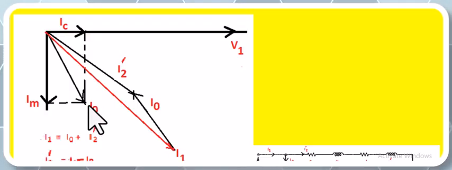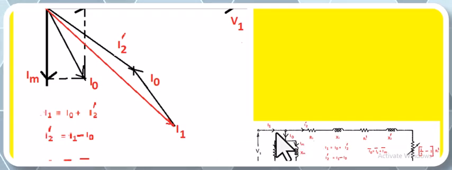I0 is already drawn, and now it is necessary to know what I2 dash is, because I1 is the vector sum of I0 and I2 dash.